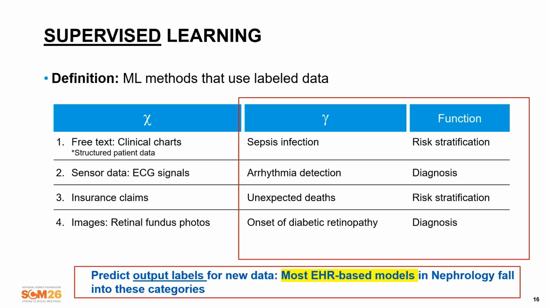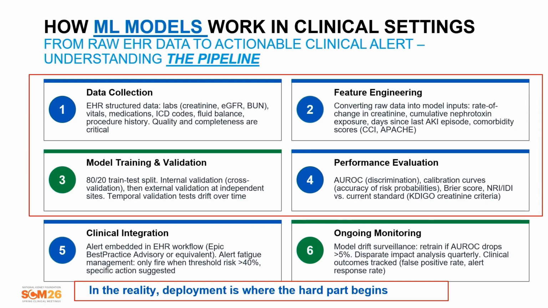So supervised learning models are the models that you see mostly in our electronic health record. We see them in prediction models: is the patient going to need dialysis? Is the patient going to be admitted to the hospital? That's supervised learning. And when you want to create machine learning models, the process starts with data collection, feature engineering, training and validation, and performance evaluation, right?